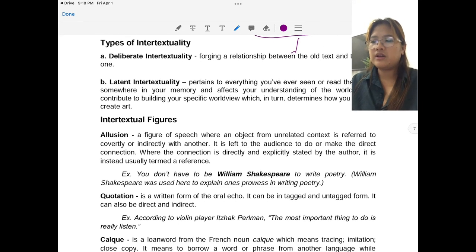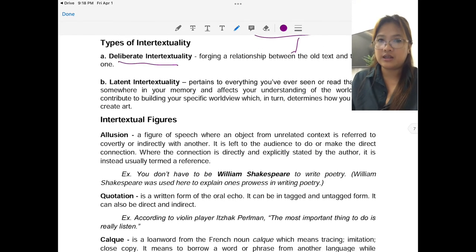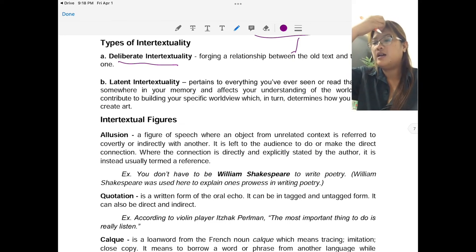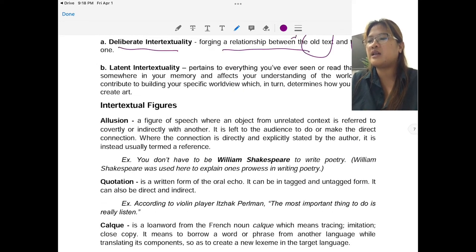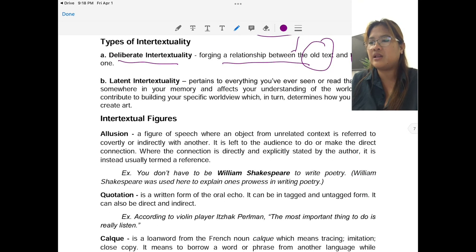Okay, so there are types of intertextuality. So we have the deliberate, sadya, or the latent, okay, which is implied. This is forging a relationship between the old text and the new text, deliberately, on purpose. The latent intertextuality, however, pertains to everything you've seen or read that sticks somewhere in your memory and affects your understanding of the world.